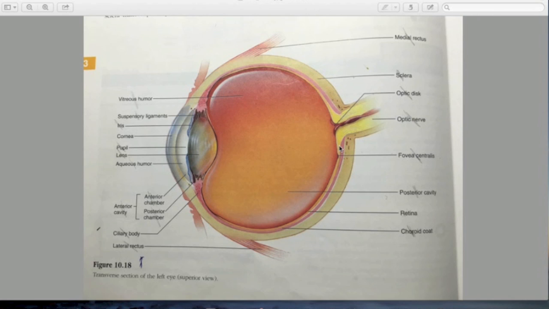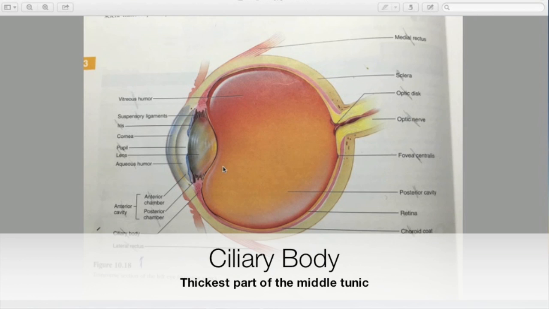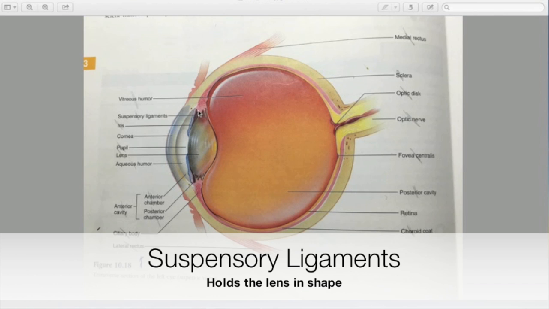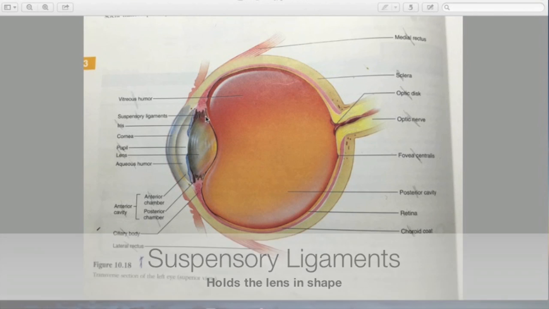And also there's the ciliary body, which is the thickest part of the middle tunic. It has a group of muscle fibers that constitute the ciliary muscle.